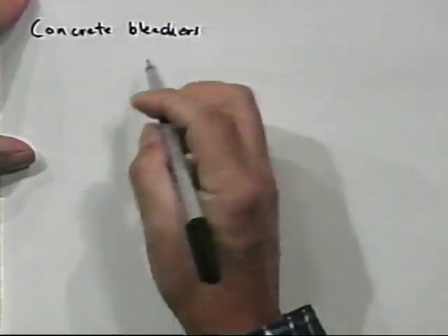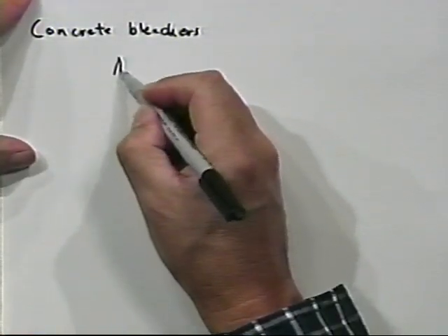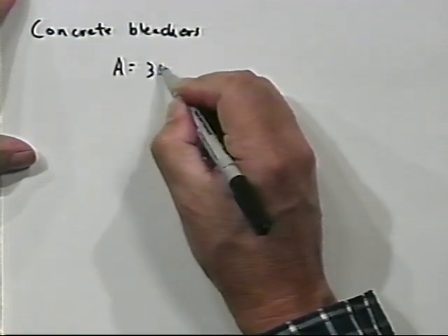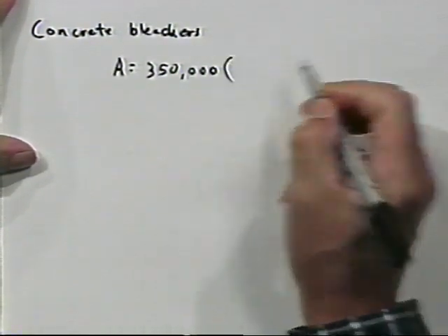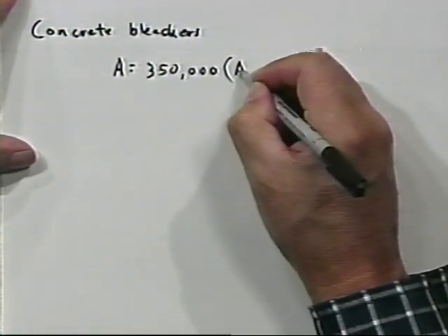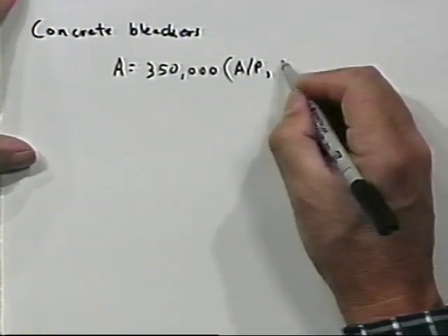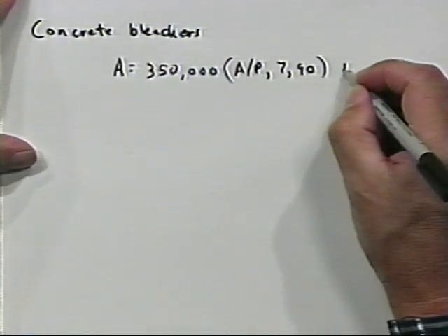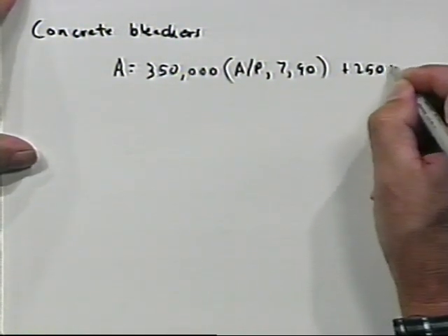So what we want to do is convert the cash flows associated with this alternative now to an annuity, and we know how to do this. For the concrete bleachers, the annuity amount is going to be the first cost of $350,000 taken to an annuity at the 7% interest over the 90 years, plus the annual upkeep cost of $2,500.